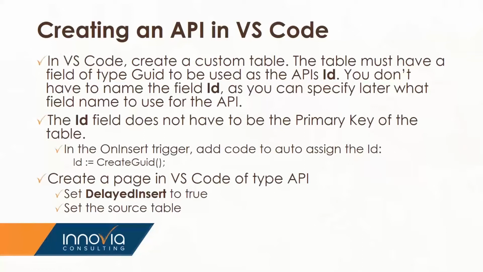For instance, on the customer table, the primary key is not the system ID, but Microsoft added one. The primary key, of course, would be the number field. And on the on-insert trigger of your table, you'll need to assign that API ID a new GUID. So you want to add that to your code, to that on-insert trigger.